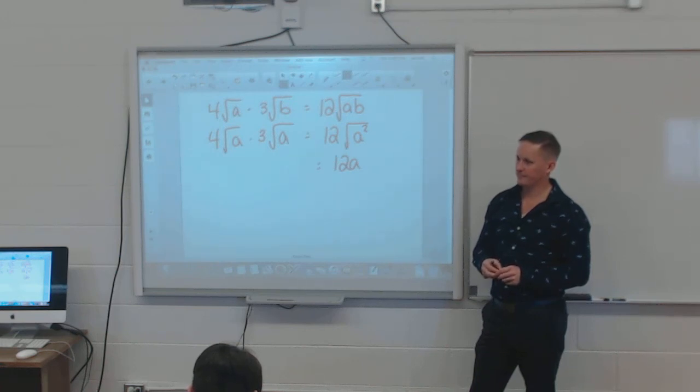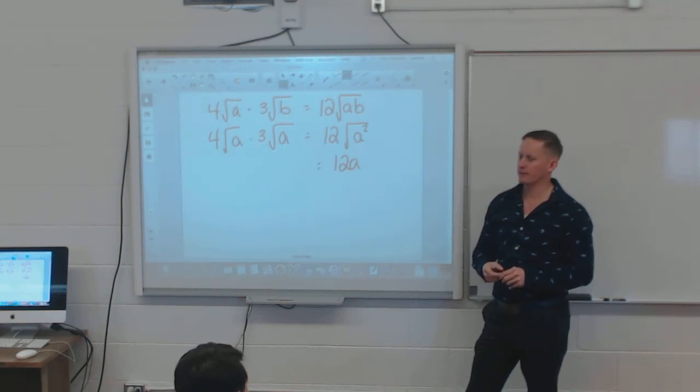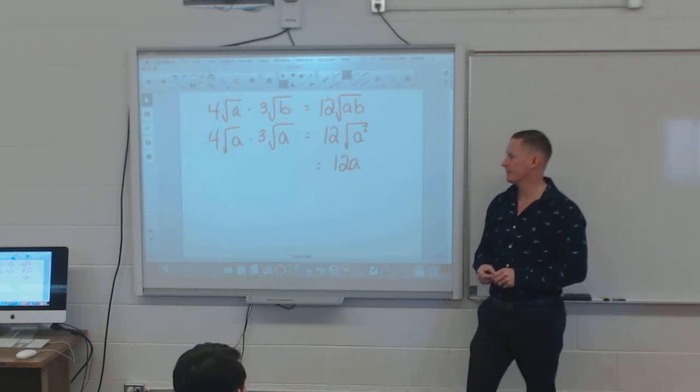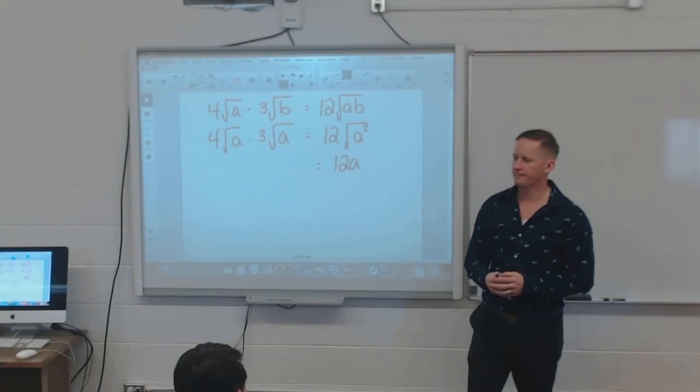I was doing the other way where on the calculator it's like that second function button, or is that something different? I don't know, I'm not sure about your calculators.